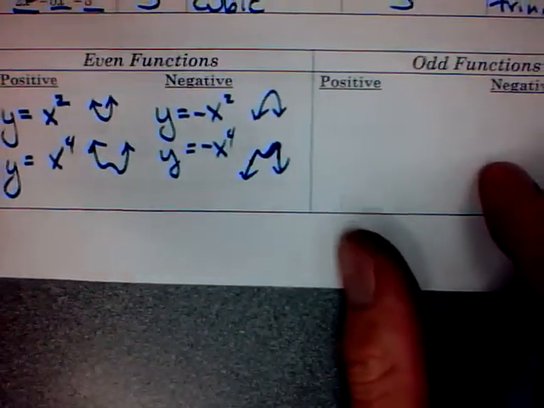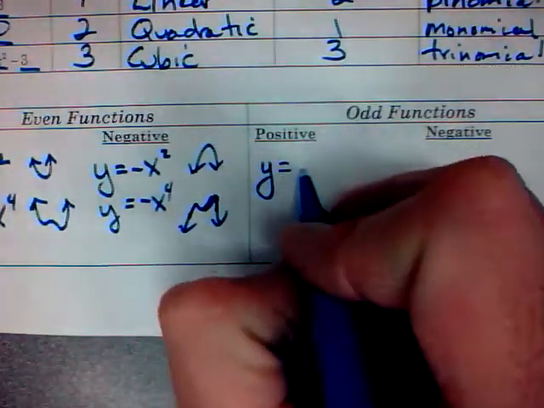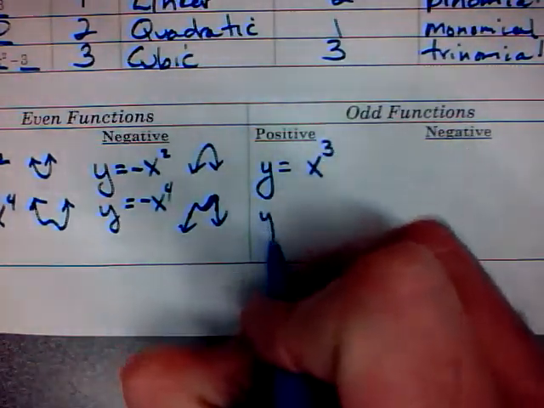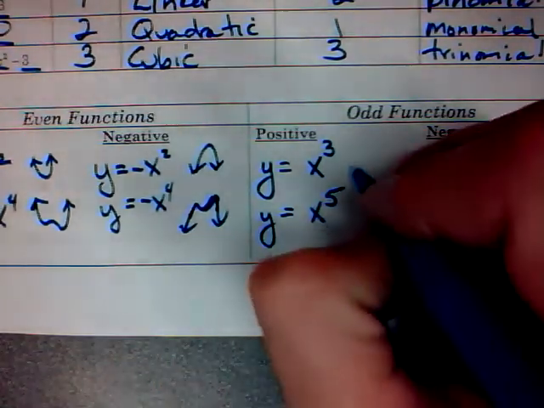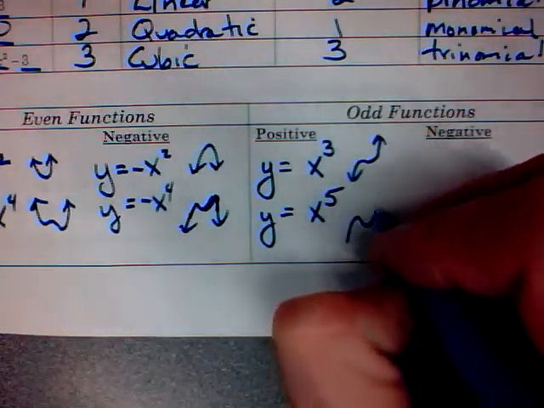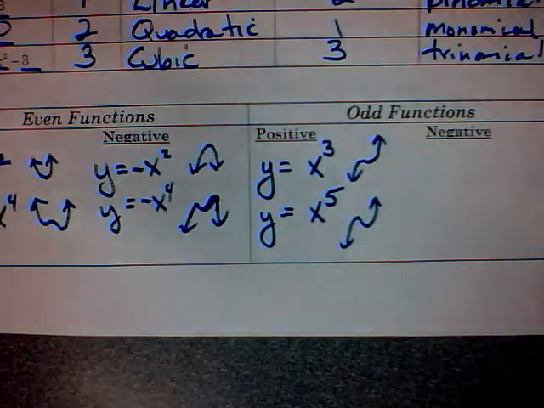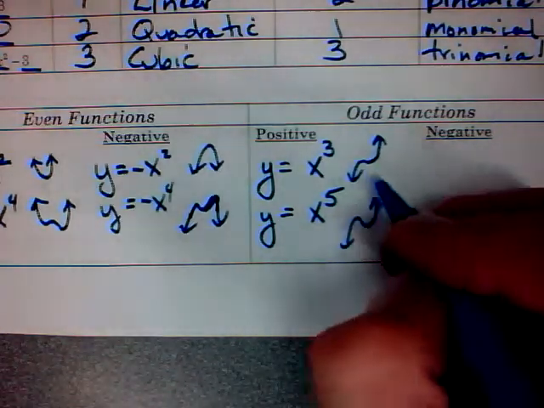Okay? Odd functions, positive odd functions would be like y equals positive x to the third or y equals positive x to the fifth. And these functions look like this. And they might be a little bit more dramatic on the fifth power. And that would be positive.